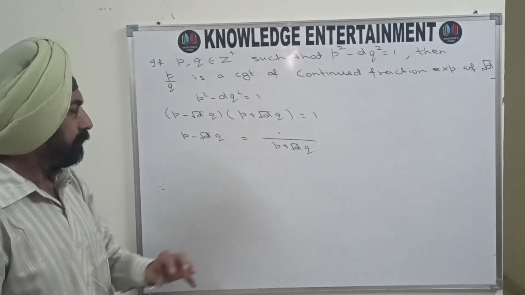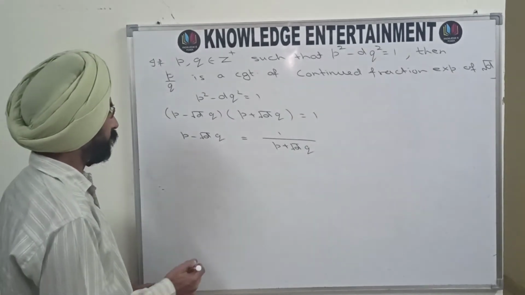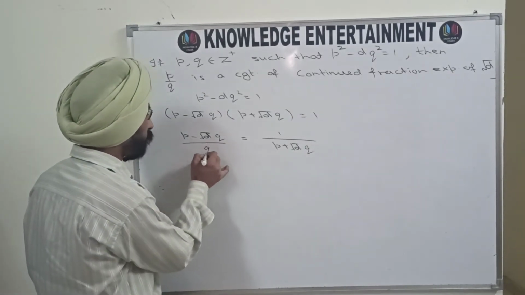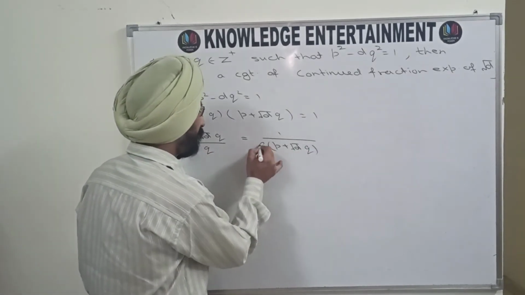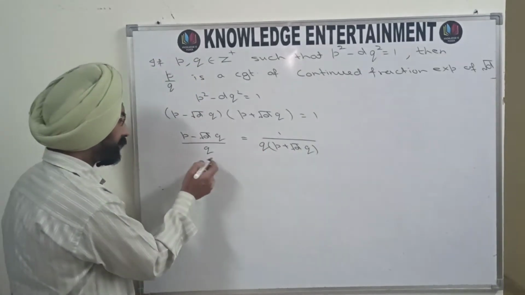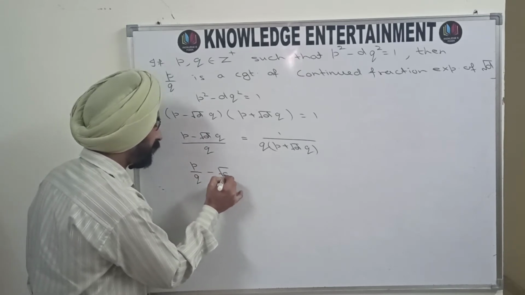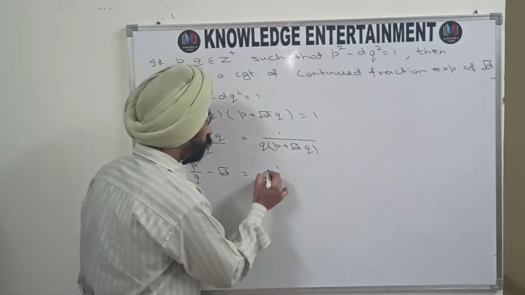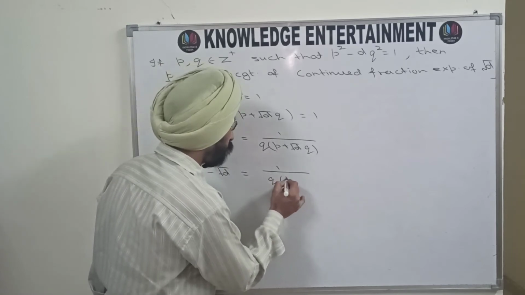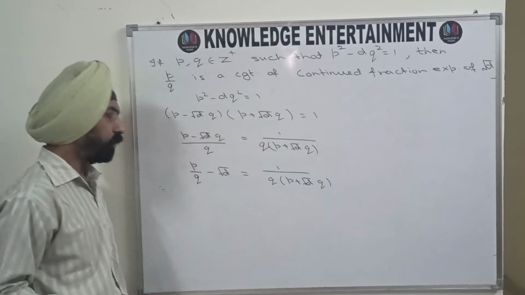And multiply throughout by 1 upon q. So multiplying throughout by 1 by q means you are dividing both sides by q. q is non-zero, so no problem. Separating now, p upon q minus root d is equal to 1 upon q times (p plus root d q).